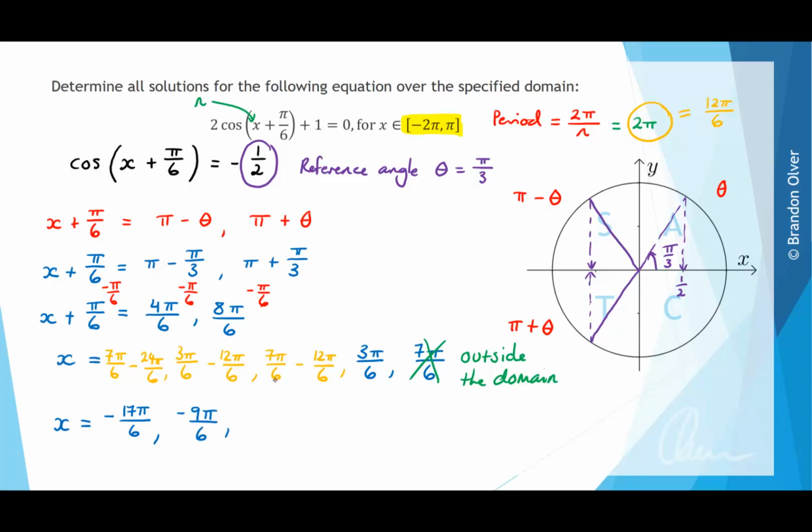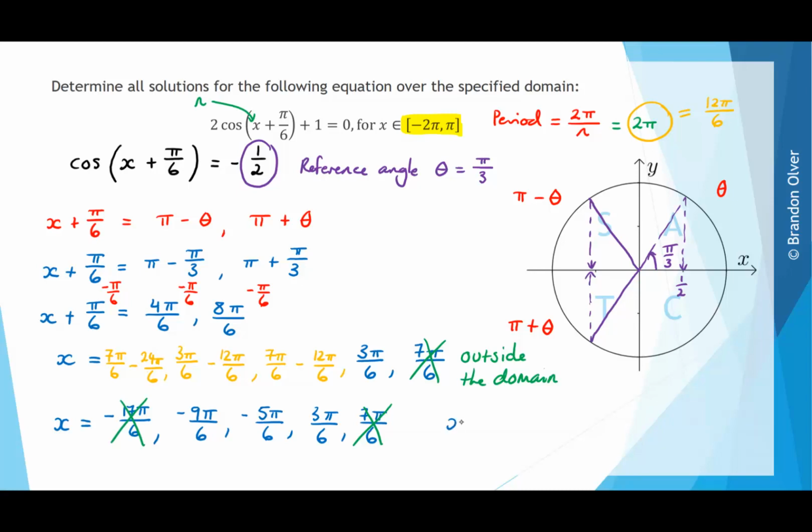Then we're going to have 7 pi on 6 minus 12 pi on 6, which is minus 5 pi on 6. Then we have 3 pi on 6, and we did have 7 pi on 6, but again, we know that that's outside the domain. We also need to inspect our smallest values. So negative 17 pi on 6 is less than negative 2 pi, so it is also outside of the domain.